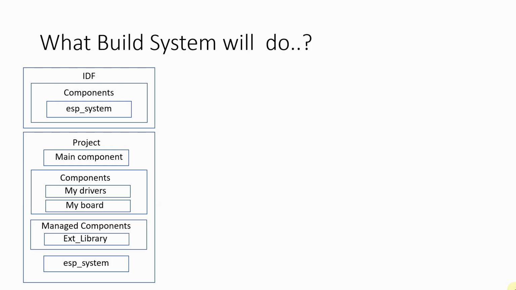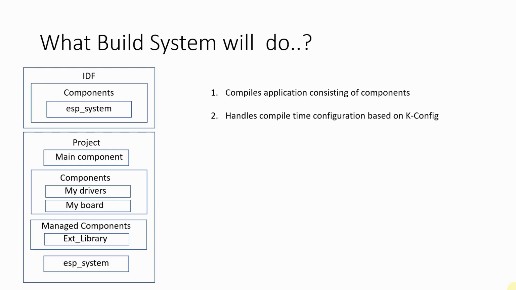And what this build system does is, primarily, the build system compiles all the components available in the IDF project, handles compile time configuration based on the Kconfig file, and we will discuss the Kconfig file later in this same video, and generates partition table, linker scripts, bootloader, file system images once it is compiled.